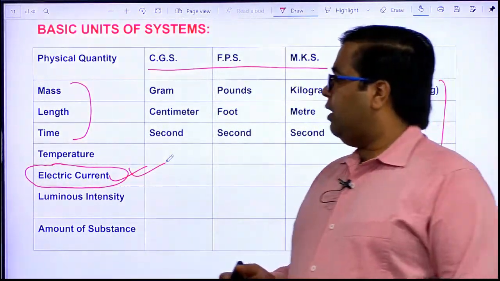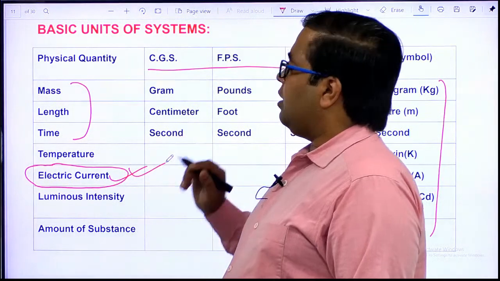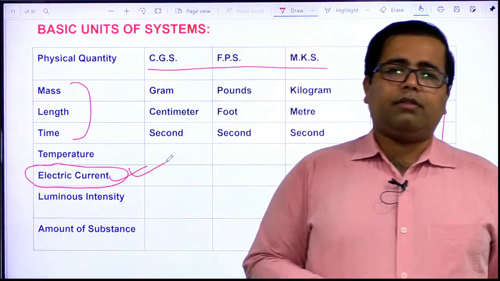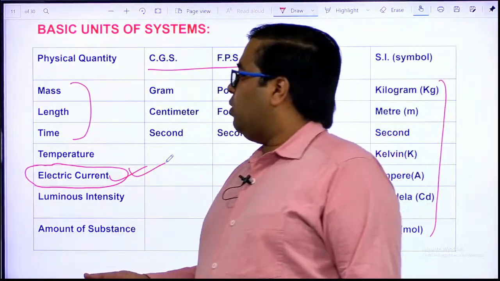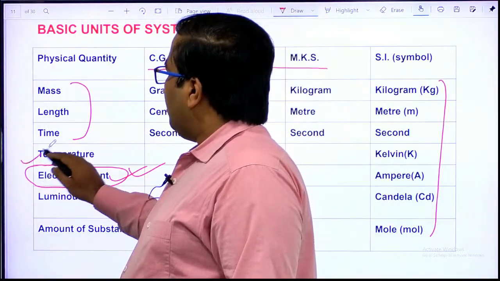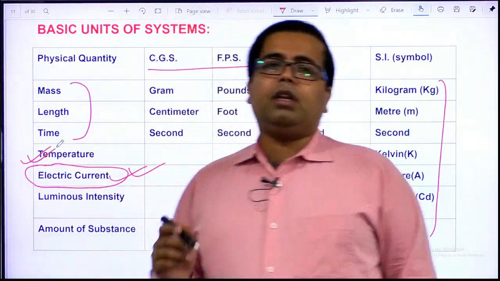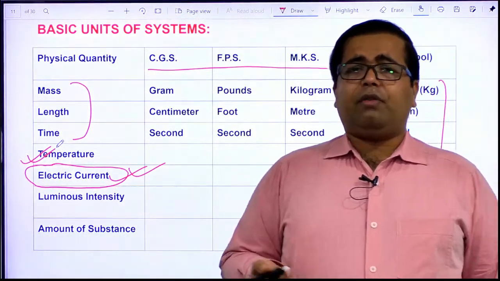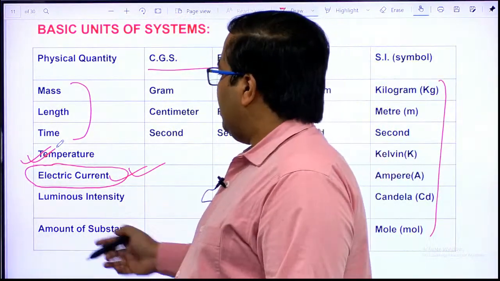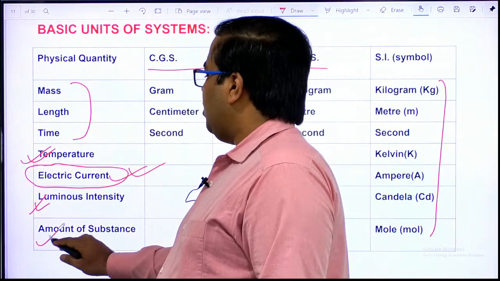So how can we give electric current a unit, or take it as a fundamental quantity, when we don't know about it? Even in early days we didn't know about temperature, luminous intensity and amount of substance.